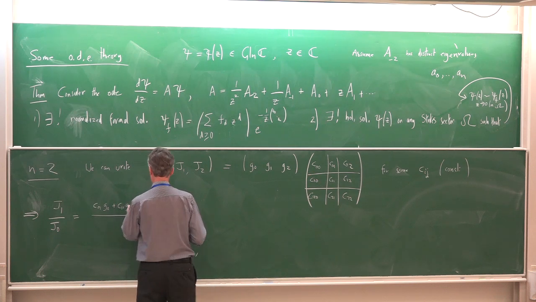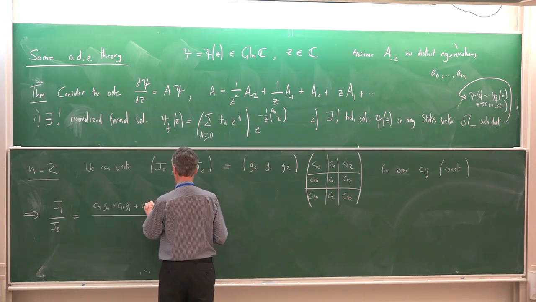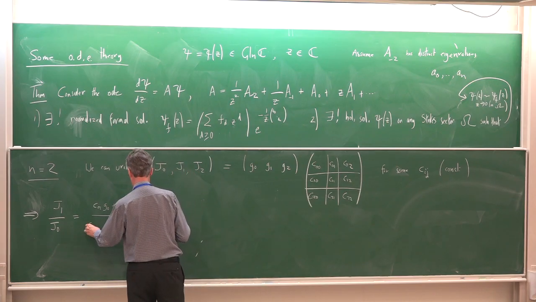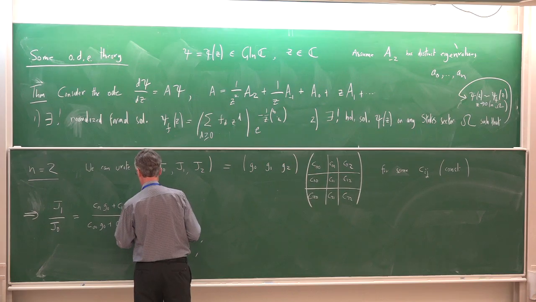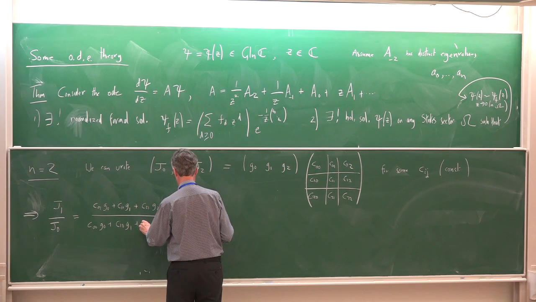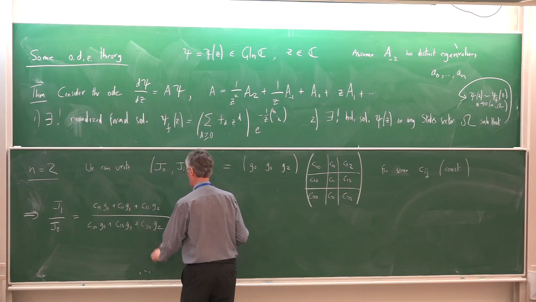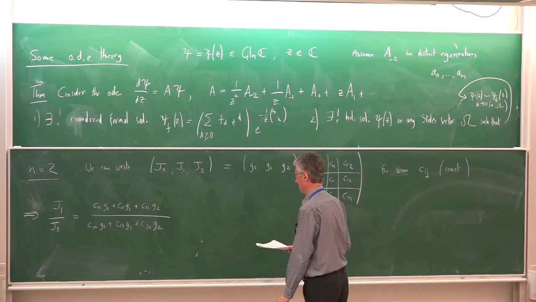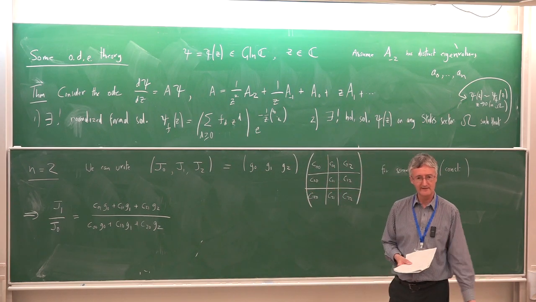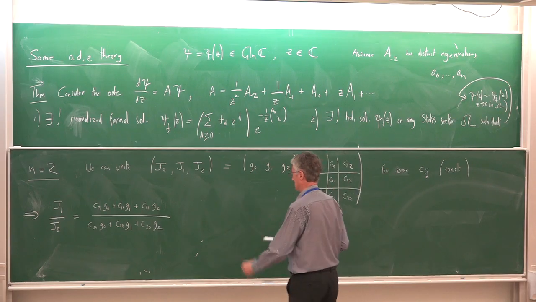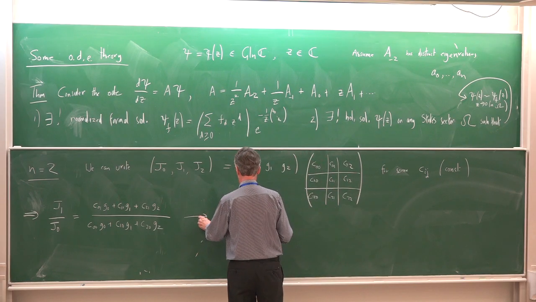Try not to make any mistake. Right, so we have such a formula. So I want the limit of this to exist when z goes to 0.